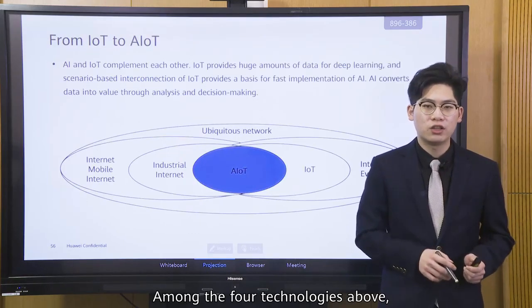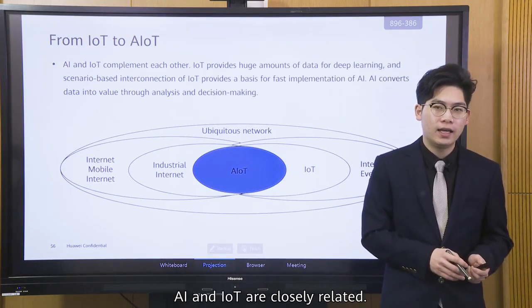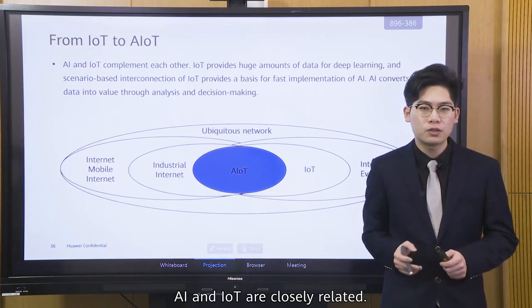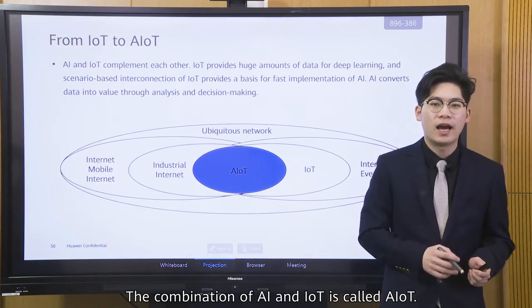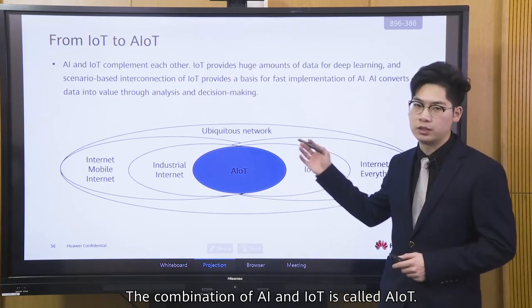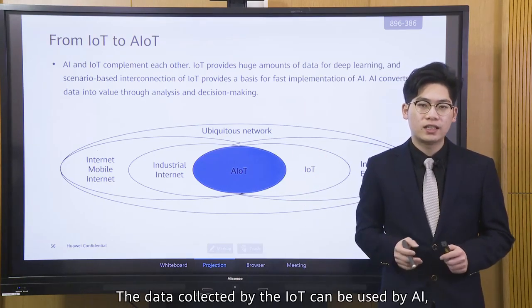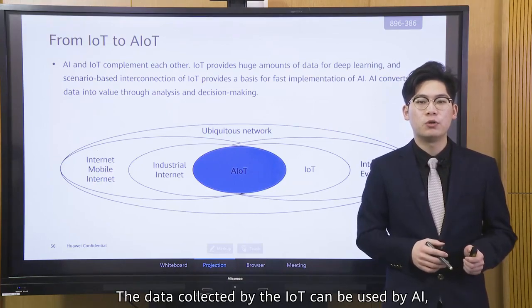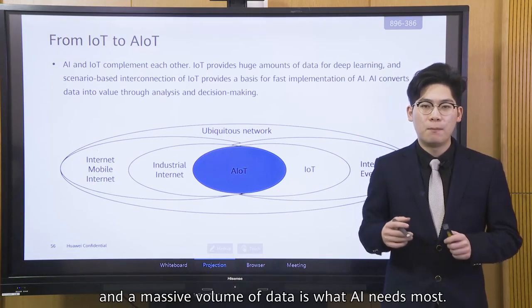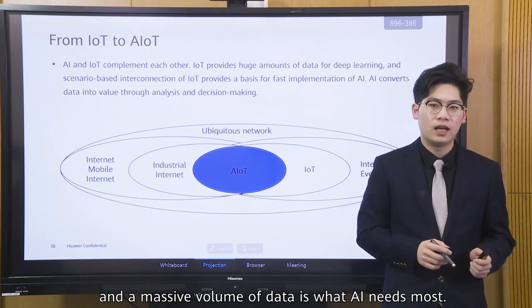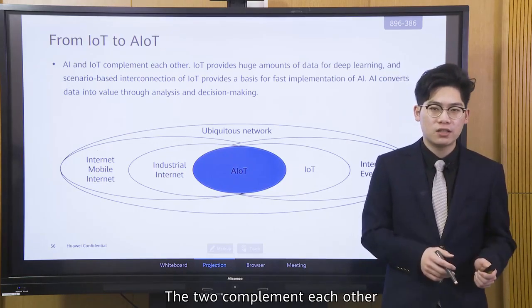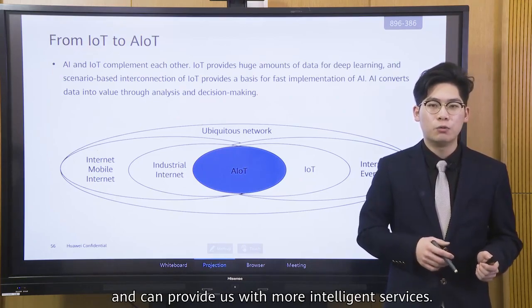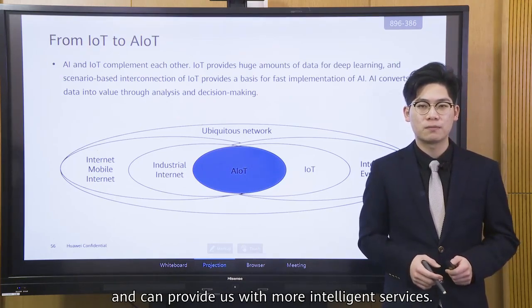Among the 4 technologies above, AI and IoT are closely related. The combination of AI and IoT is called AIoT. The data collected by the IoT can be used by AI, and a massive volume of data is what AI needs most. The 2 complement each other and can provide us with more intelligent services.